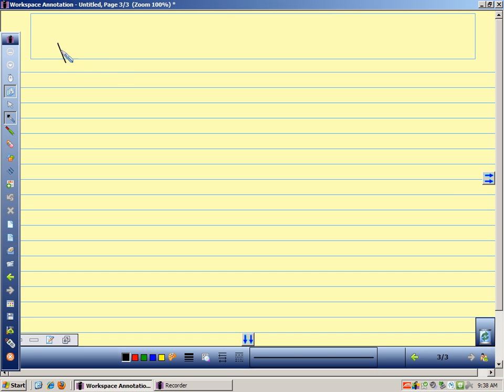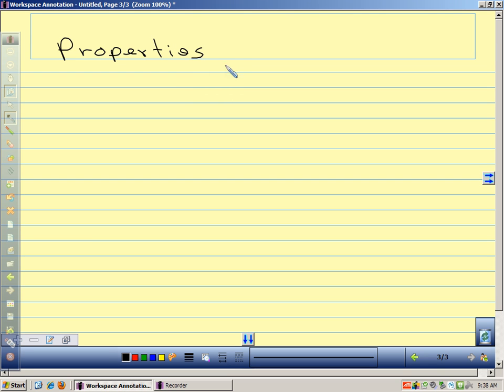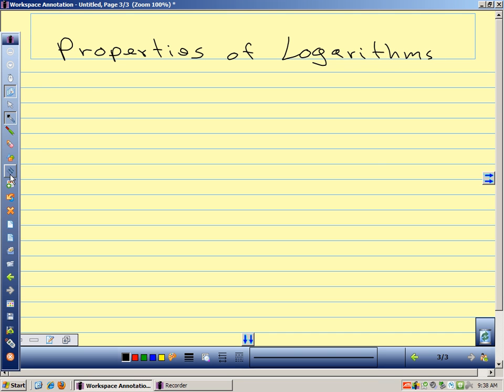All right. So our properties of logarithms. This is what we're going to use to actually solve problems with logarithms and solve equations that involve logarithms and exponents together. Our properties of logarithms come from the fact that our logarithms are talking about exponents.